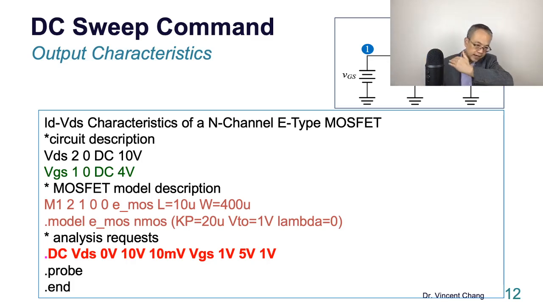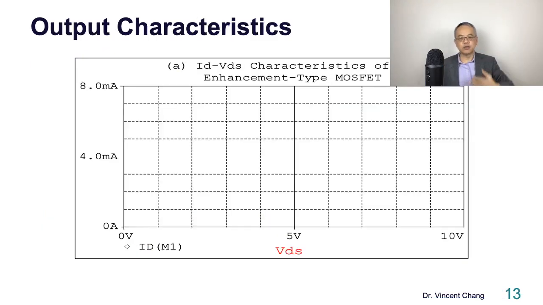The first is VDS, from 0 to 10 volt, and you tell the computer to do a calculation every 10 millivolt. And you also tell the computer to scan VGS: 1, 2, 3, 4, 5 volt.